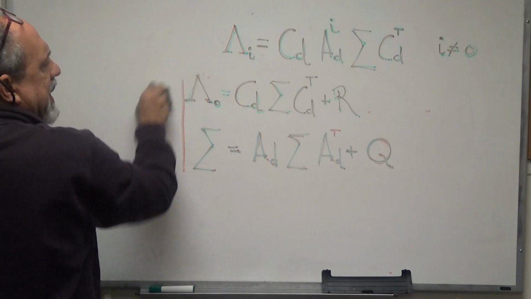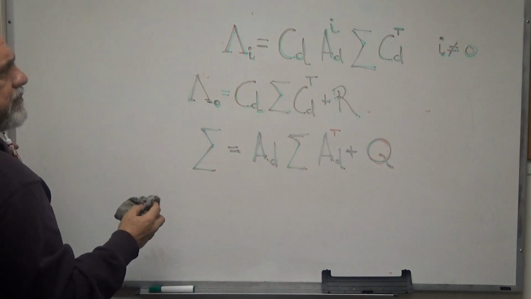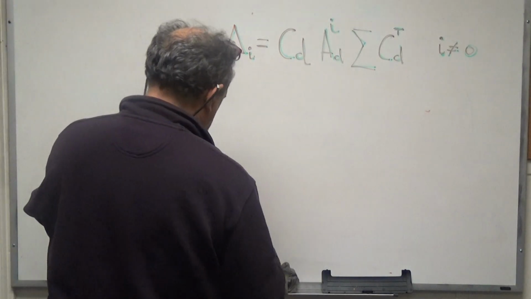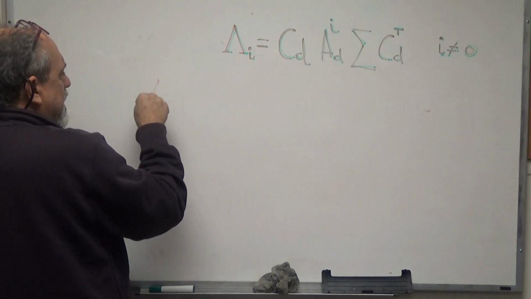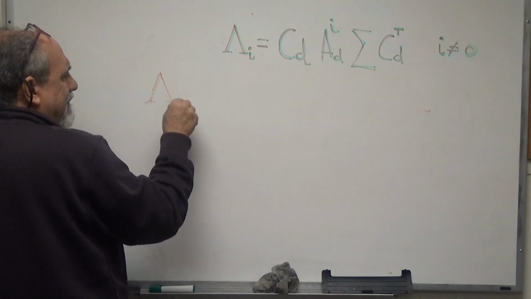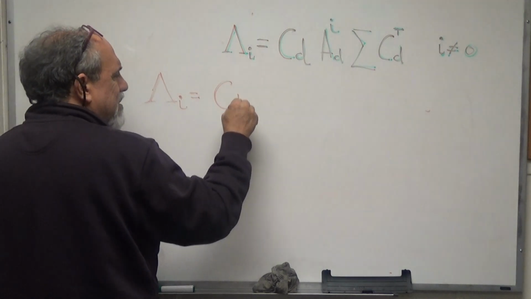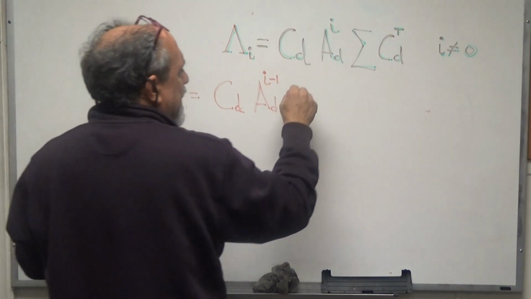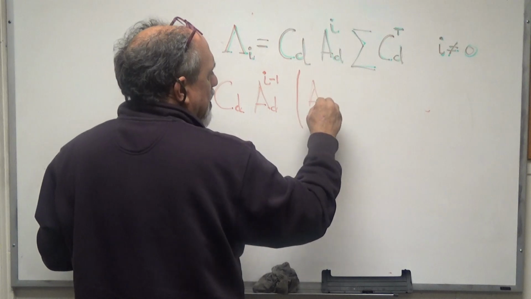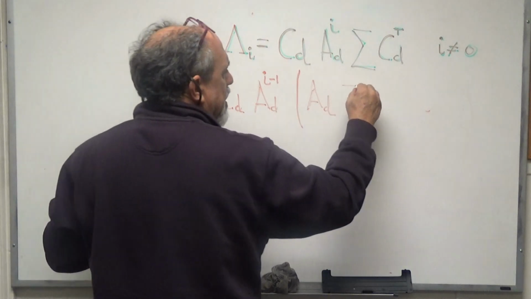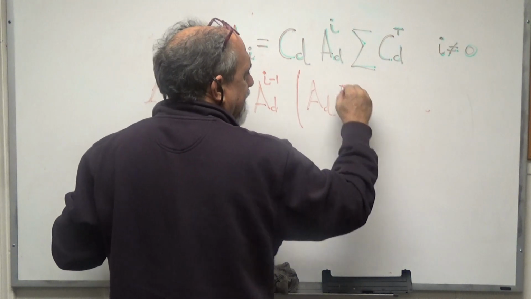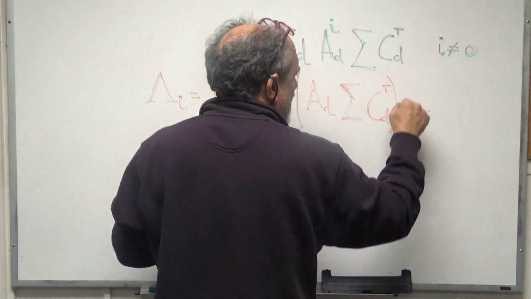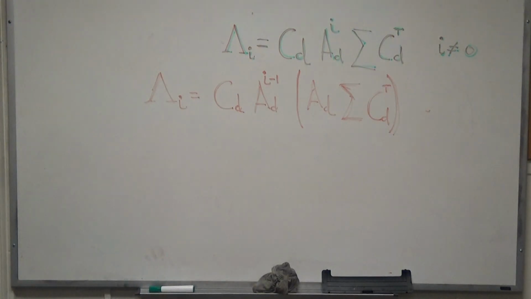I'll just erase this and put it back when needed, because I want this to come clean. So I'm going to write it as CD, AD to the I minus 1, times, in parentheses, the AD that we just took out, times sigma, times CD transpose, for I not equal to 0.